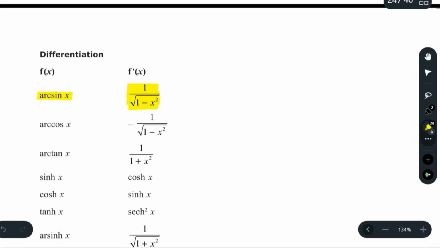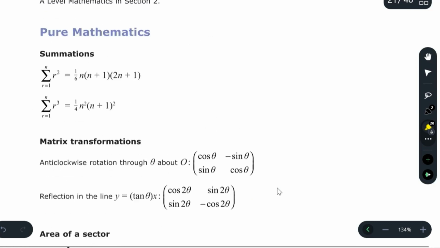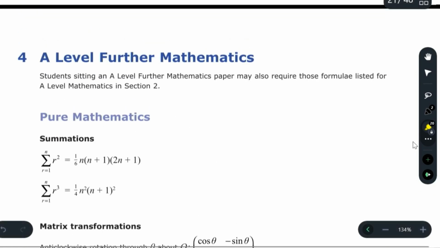Now if we go to the formula book, we can use the summation for r squared, that's this result here, and we can also use the result for the summation of r cubed.